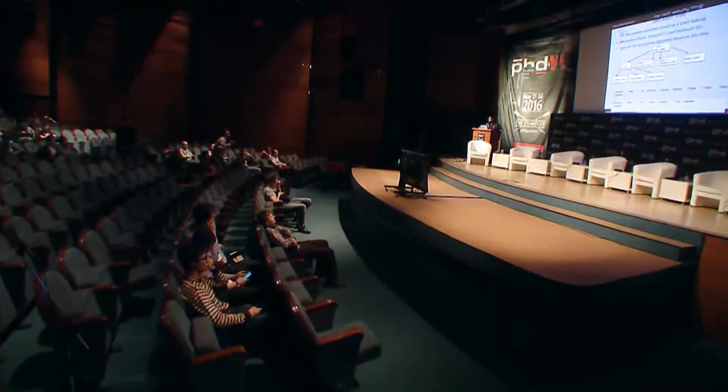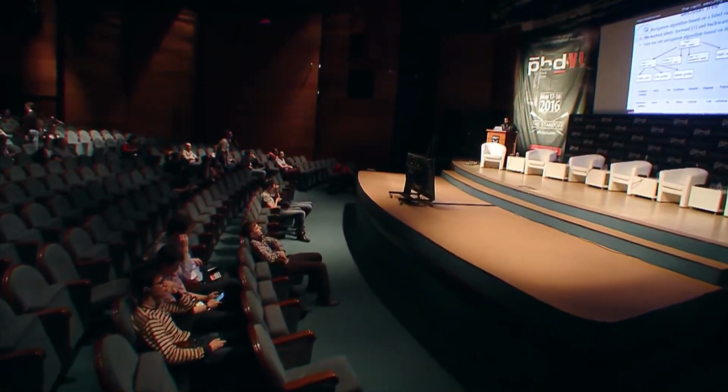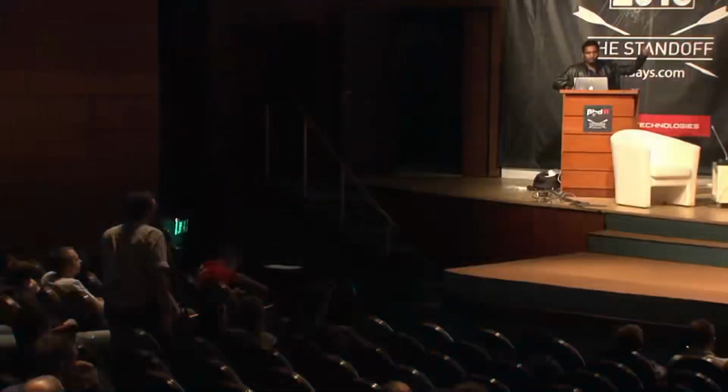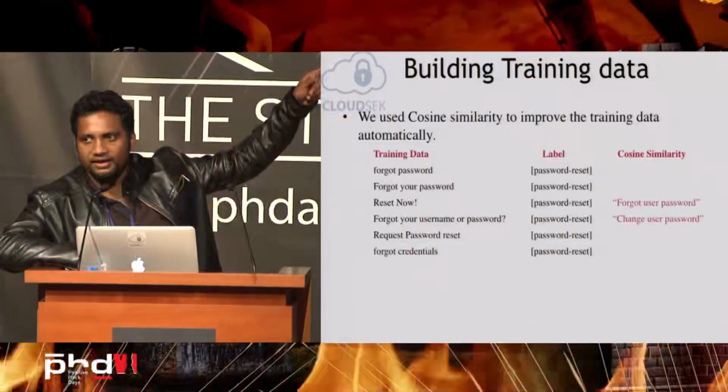Do those labels get assigned by some automatic algorithm, or are they entered by hand? Initially when we started, we created very few labels ourselves, like a small set of training data.